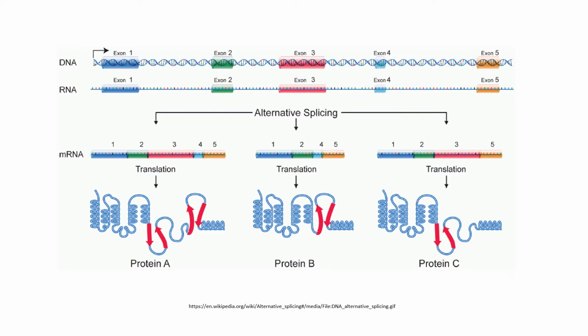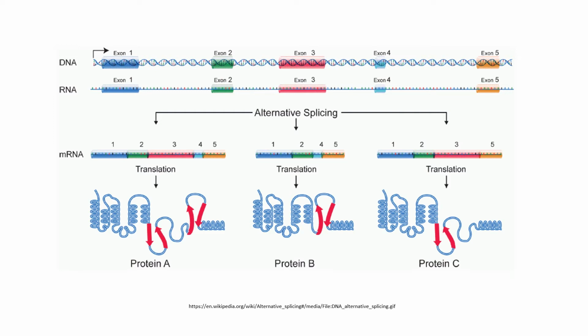Okay, wonderful. But it turns out that we have a mechanism within us called alternative splicing, so that instead of linking exon 1 to 2 to 3 to 4 to 5, I can, for example, drop exon 3. And I can then have a messenger RNA which is composed of exons 1, 2, 4, and 5.